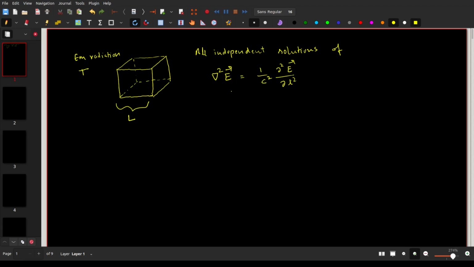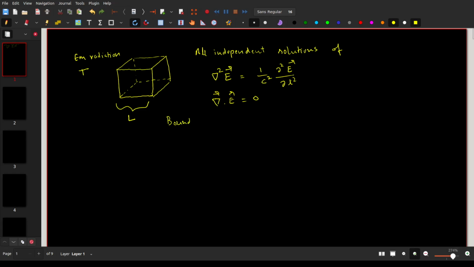We also want these solutions to satisfy that the divergence vanishes, because we are assuming that there is no charge inside this box. So we want to find all independent solutions of these two equations subject to boundary conditions.